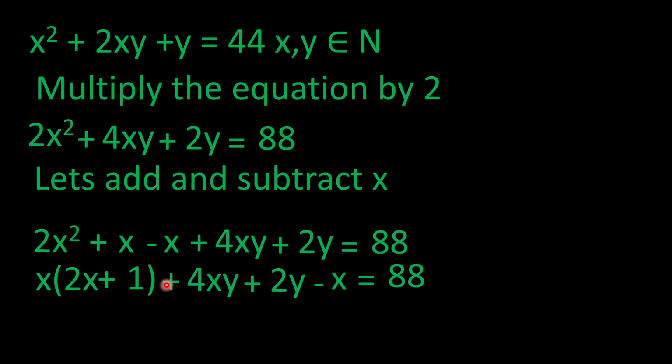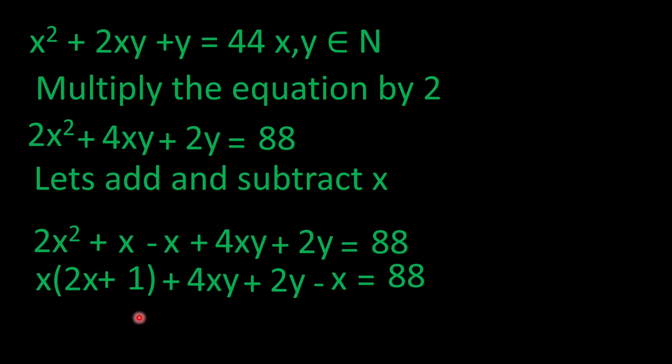Basically in this step we have done two tasks. One is taking x common from here and the second is rearranging, writing this minus x at the last of the left hand side of the equation.